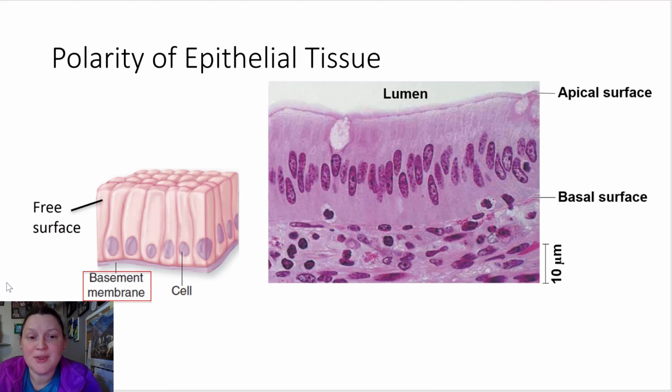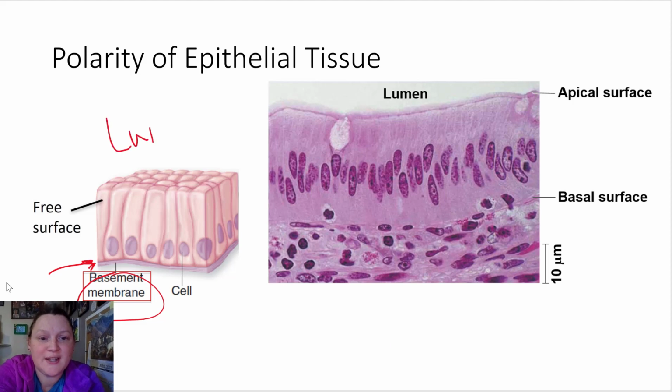I mentioned that epithelial cells are polar. Generally, epithelial cells are attached at a basement membrane, so they have this layer at the bottom where they all connect. The other side faces either the outside world, such as your epithelial tissue or your skin, or it can face a lumen, which is a fancy word for the inside of a tube.